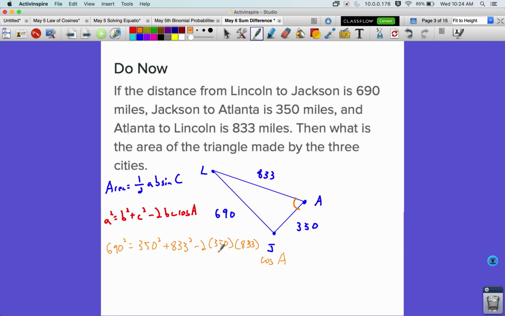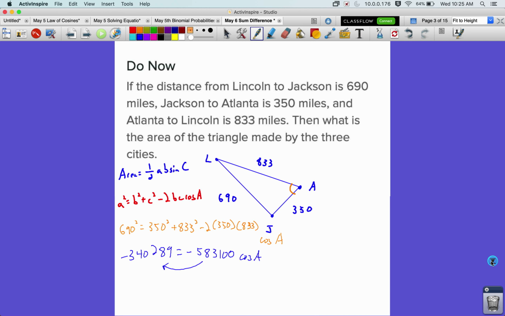I'm going to subtract away the 350 squared, and then I'm going to subtract away the 833 squared equals, switch colors, negative 340,289 equals, let me combine all this now, so negative 2 times 350 times 833 equals negative 583,100 cosine A.